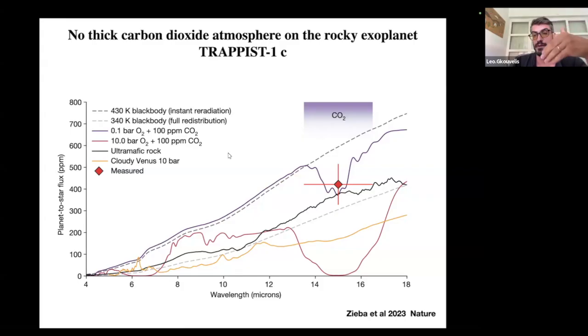And if yes or if not, what are the overall scenarios that could be feasible for this planet? This of course goes much further. You can look at how atmospheres are generated in rocky planets, how they are sustained there, and how they live over long-term geological timescales.